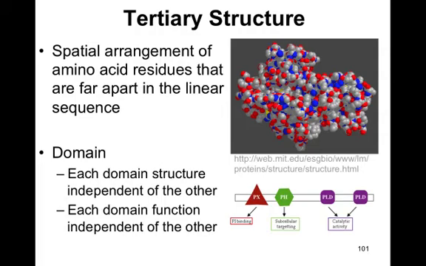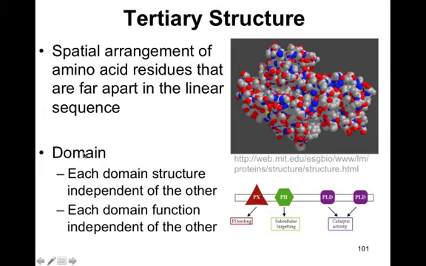The interactions between the R groups or the side chains of amino acids are what make up the tertiary structure of a protein. So these R group interactions, which we'll talk about in a second, include disulfide bonds, hydrogen bonds, ionic bonds, and hydrophobic interactions.